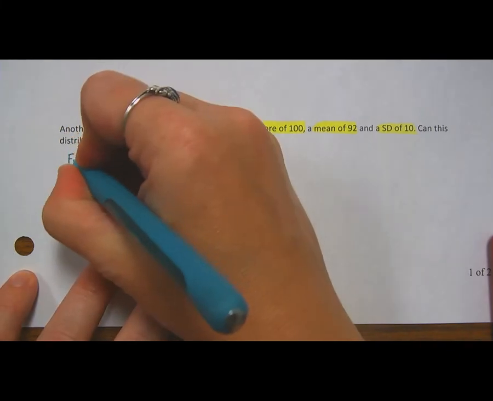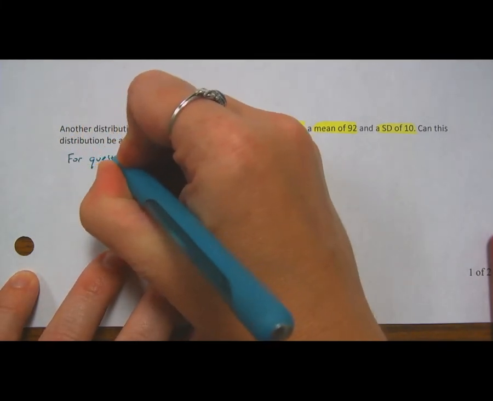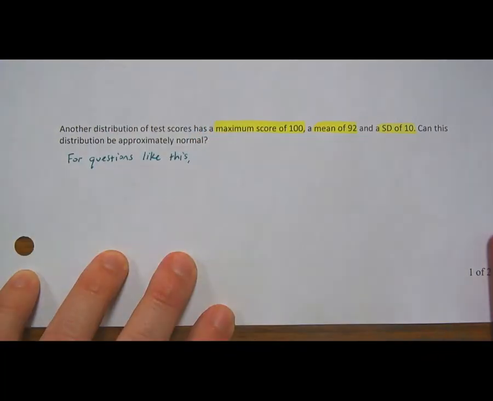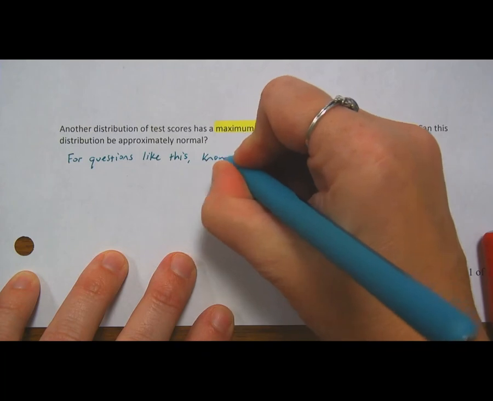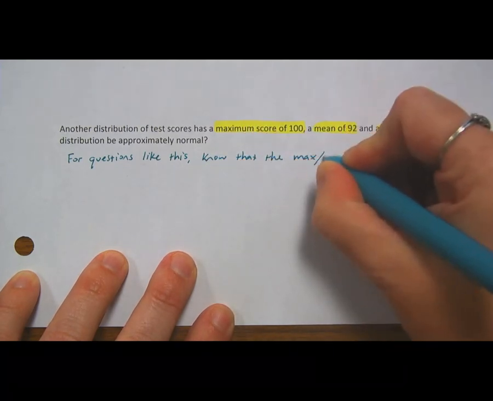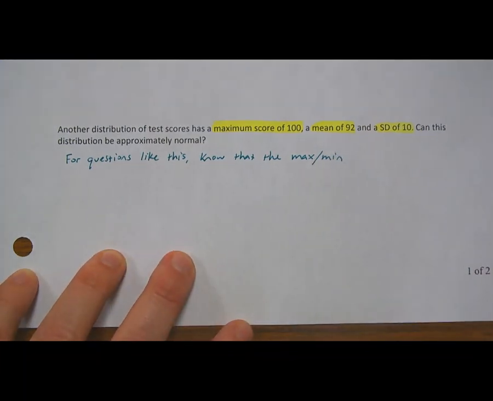So I want you to take a note. For questions like this, know that the maximum or minimum, so sometimes it might say the minimum score is blank instead of the maximum score is 100.